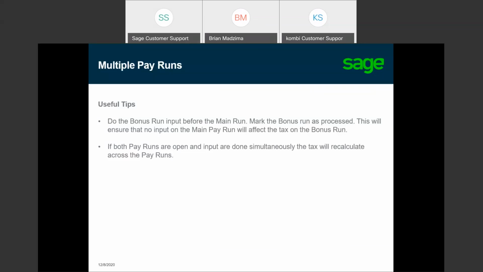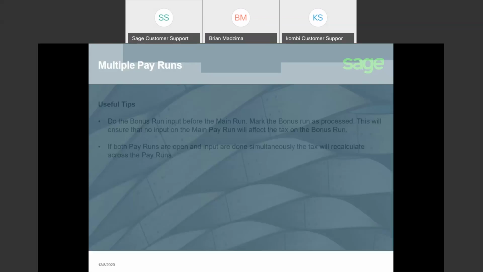If both pay runs are open and input is done simultaneously, then the tax will recalculate across pay runs. So just to ensure that the tax calculated and other statutory deductions are done accordingly per each payslip. Once you're done processing one, just mark it as processed so that the information does not recalculate across any pay runs.